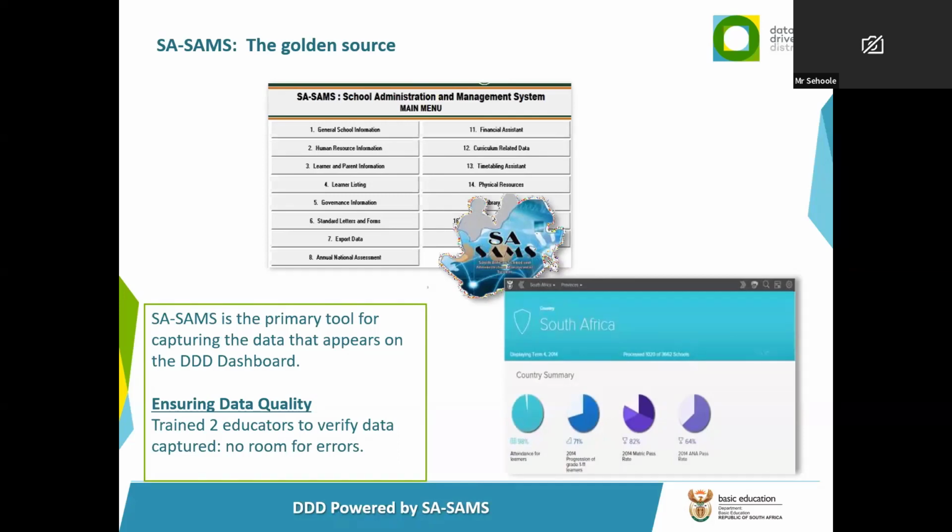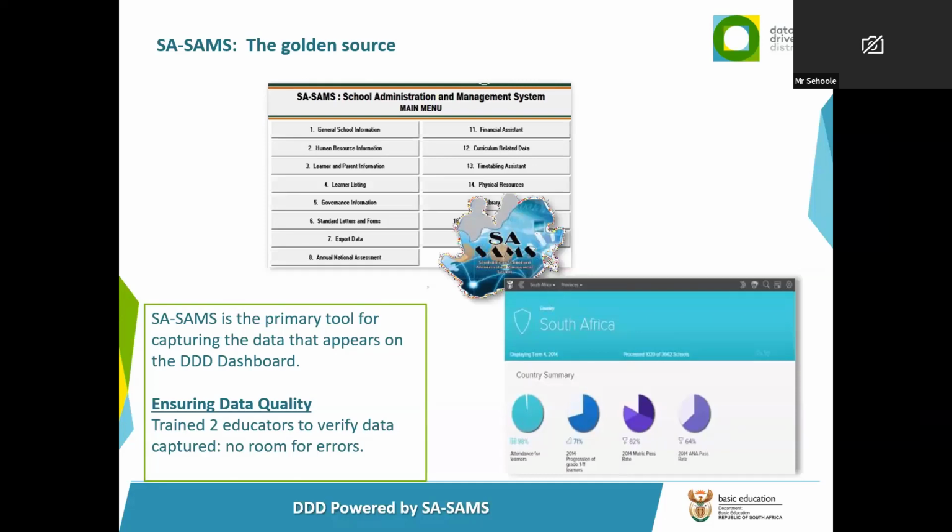So to ensure that at the end of the day data is of quality, I took it upon myself as the principal to train 2 teachers who will verify, because sometimes it's not right to submit the wrong information to the department and expect it to be assisted. No, it can't be.